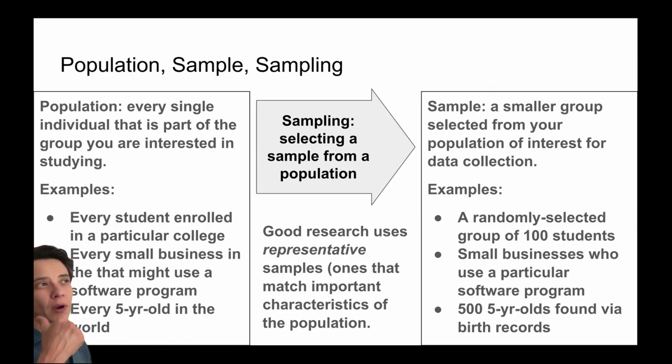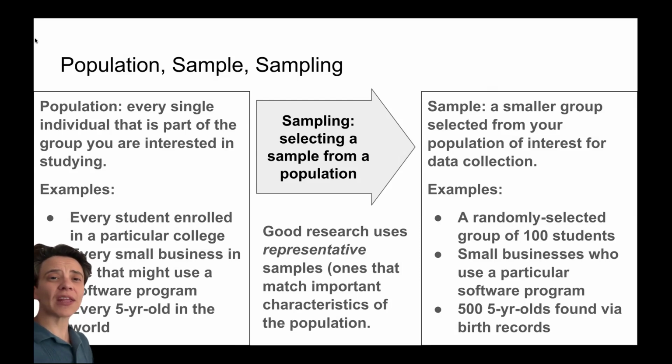We'll talk a little more in a few sections about how we choose a good sample. When we are choosing individuals for a sample, that is called sampling. We might randomly select a group of 100 students if we wanted to study the population of Los Angeles Harbor College students. Or if we're trying to study every single 5-year-old in the world, we might get the largest list of 5-year-olds that we can and randomly sample 500 individuals from that.